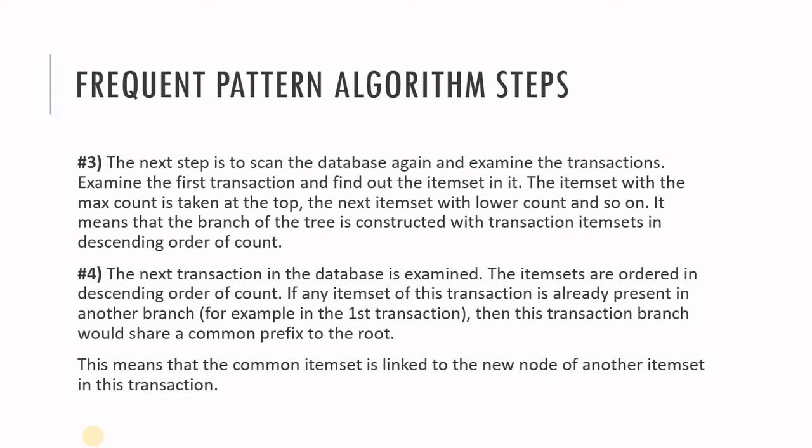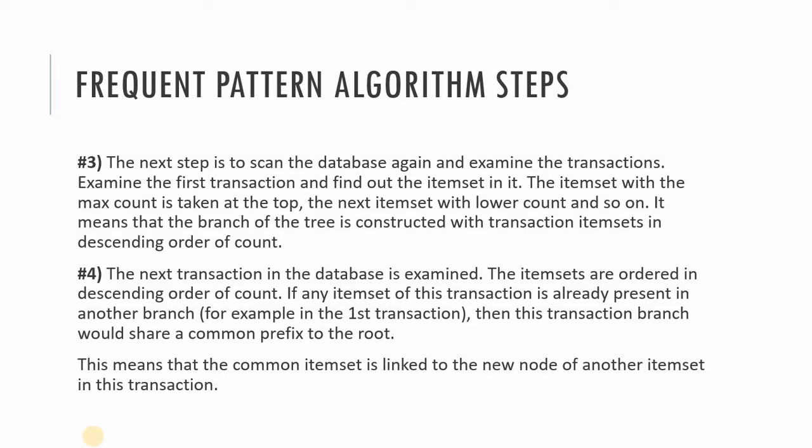The item set with the max count is taken at the top. The next item set with the lower count, and so on, is taken as lower. It means that the branch of the tree is constructed with the transaction item sets in descending order of count. So the highest count is at the top of the tree.